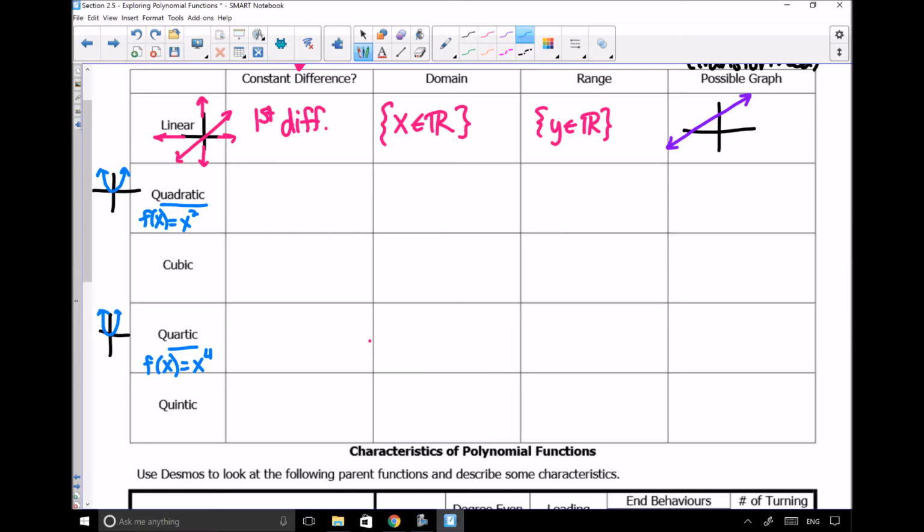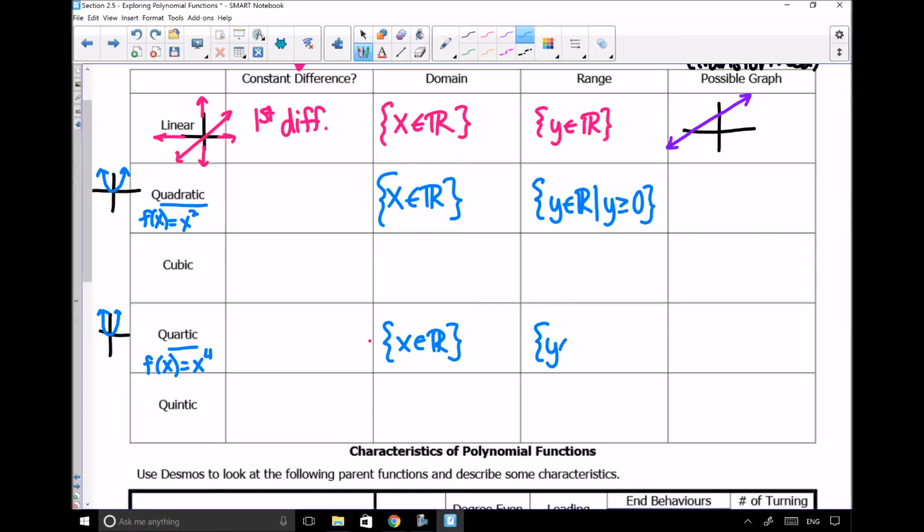So right here, we can say that the domain of our quadratic function is going to be x as an element of the reals, just like the domain of our quartic function is also x as an element of the reals. However, the range for our quadratic function is going to be y is an element of the reals such that y is greater than or equal to 0. Okay, that's key. And here it's going to be y is an element of the reals such that y is also greater than or equal to 0 because we're going based on our minimum value that we have here.